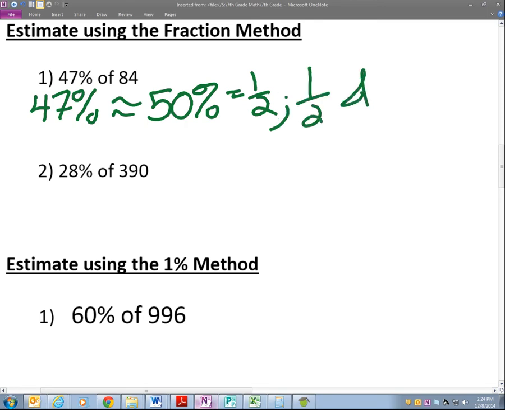One half of 84 equals 42. 1/2 of 84 equals 42.